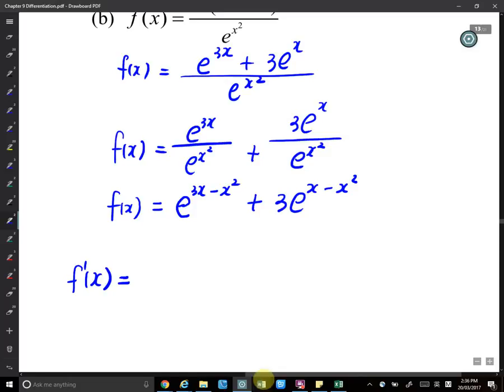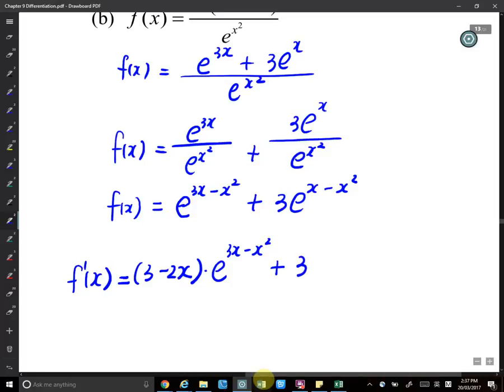Okay, the first f dash x, I have on the power, I need to derive this power. This power will give me 3 minus 2x. Okay, that's the derivative of the power. And because it's an exponential function, I will have whatever I have before again. Just repeat that again.